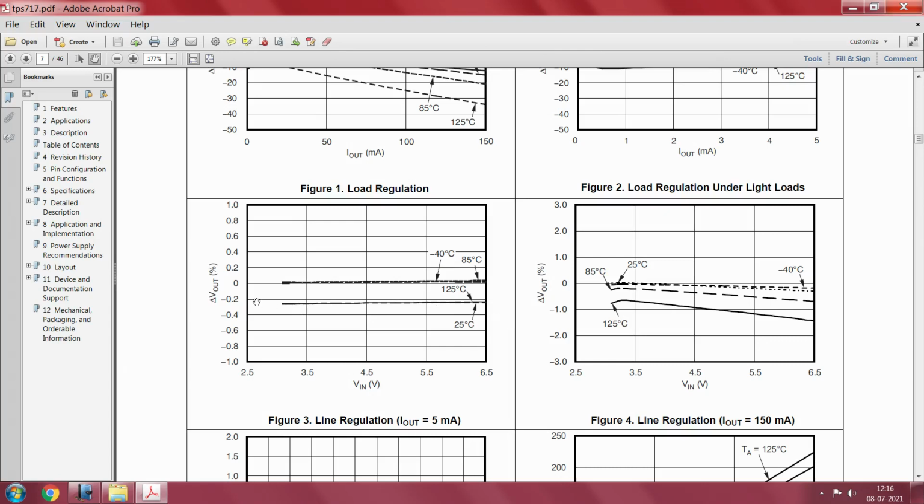That means it is down, not up. Minus is simply indicative that the output voltage is going down, and that is very small, insignificant at very high temperatures. Whereas if the output current drawn is in the range of 150, you will see some real drop up to about minus 2.